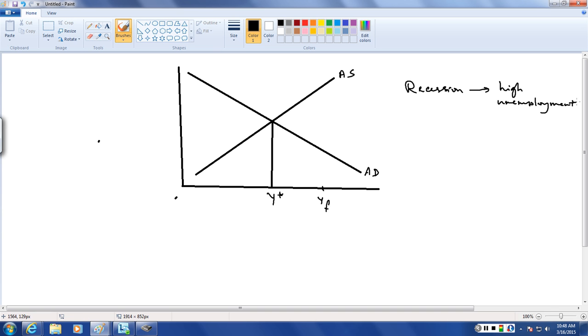Would high unemployment have any sort of effect on nominal wages? Is there a likely link between high unemployment and the paychecks that firms pay out, the hourly wages that they pay out, the nominal wages?